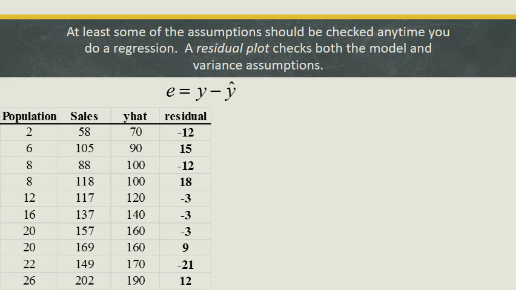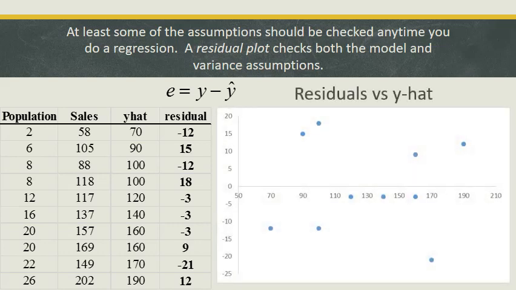And now we can make the residual plot. We place residual on the y-axis and y hat on the x-axis and plot each point. For example, our first data point has a y hat value of 70 and a residual of minus 12, so it is plotted here in the residual plot.